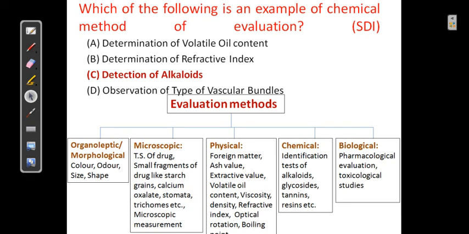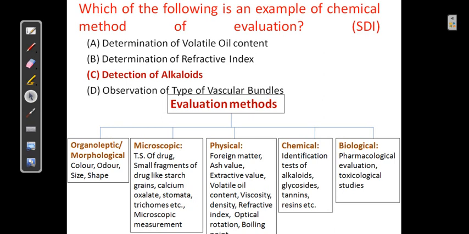Microscopic evaluation includes microscopical characteristics and transverse section of crude drug, and measurements of small fragments like calcium oxalate crystals, starch grains, stomata, trichomes, etc.